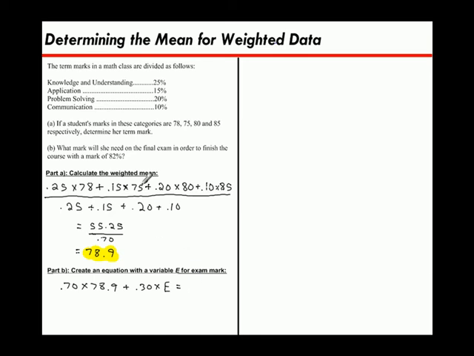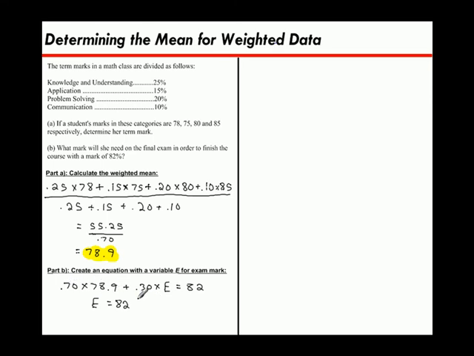So she would like to get an 82. And that goes at the end. So now we have to just isolate for this e. I'm just going to move some pieces of this equation around so that I have e by itself. I'm going to keep that 82 the way it was on that right side of the equal sign.